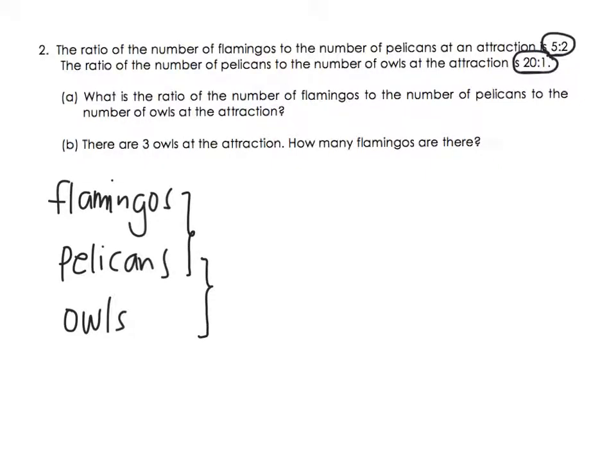And that tells us something very important. What if there are 20 pelicans? That means there is 1 owl. It is interesting to wonder how many flamingos we will then have.